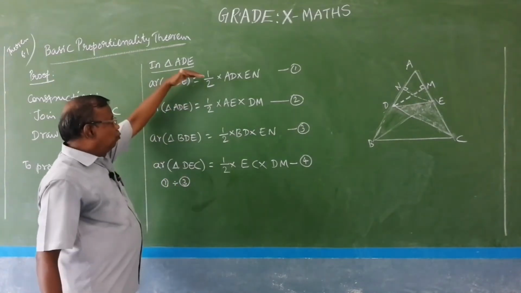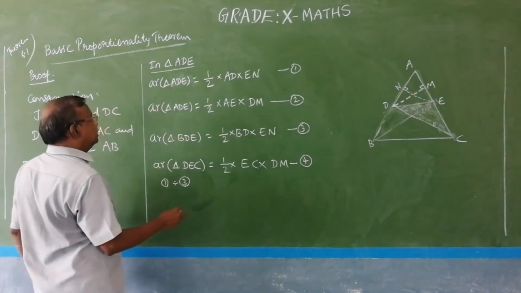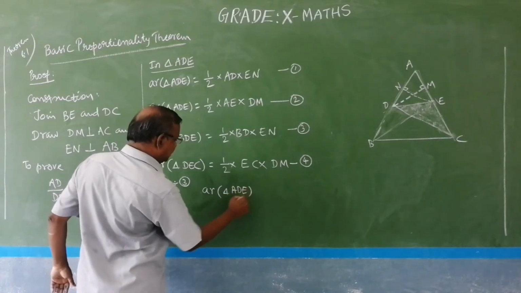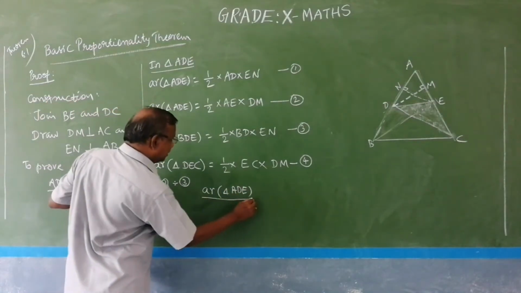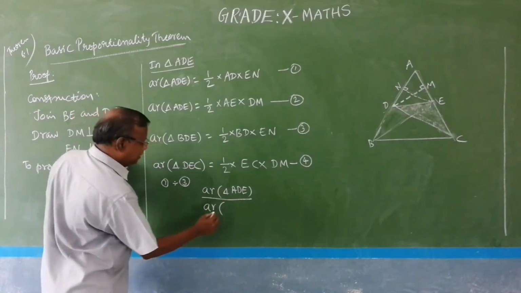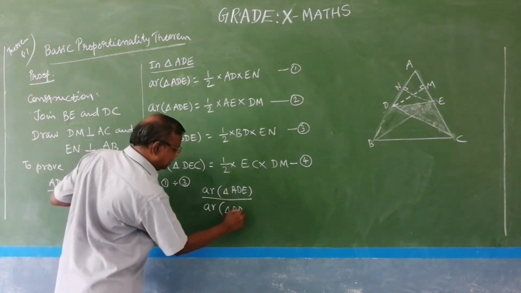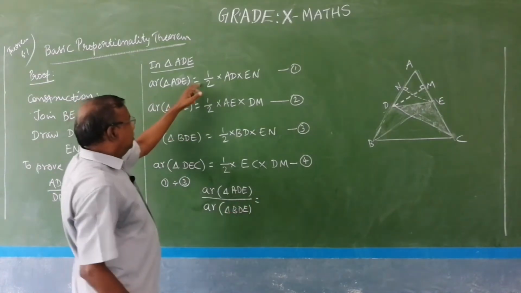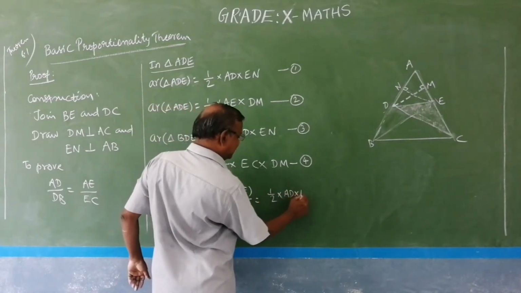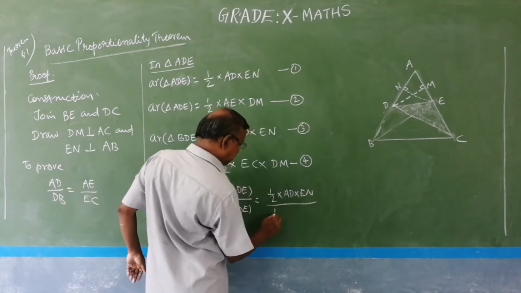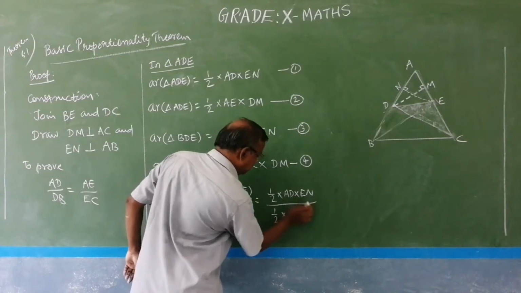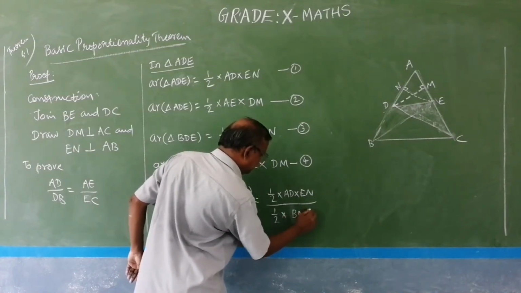Now let us take 1 divided by 3. So 1 is the area of triangle ADE, divided by the area of triangle BDE, which is equal to half into AD into EN, divided by half into BD into EN.